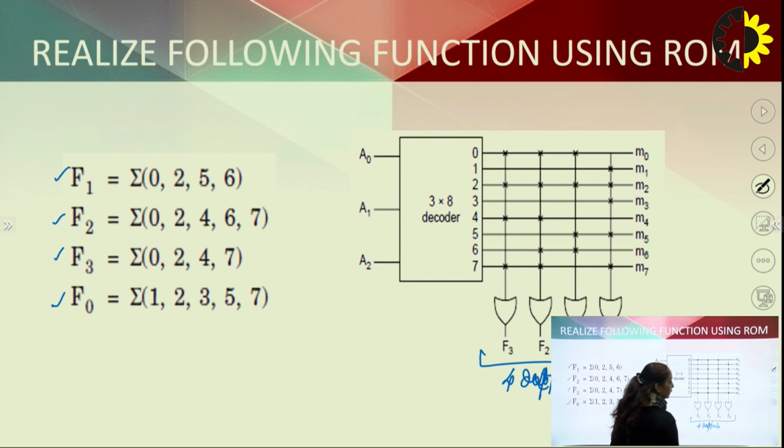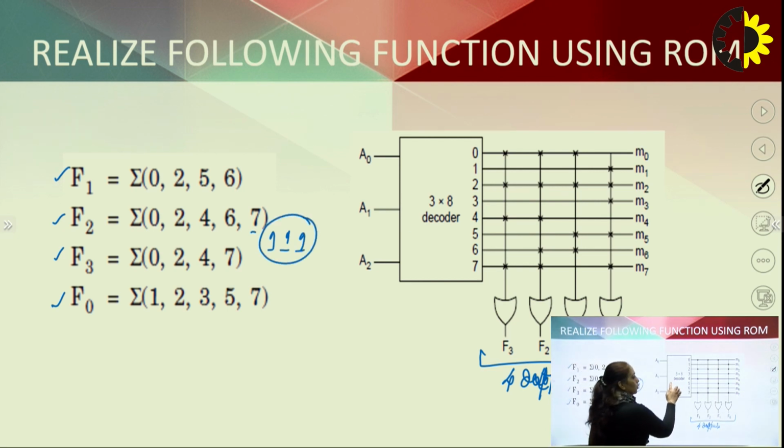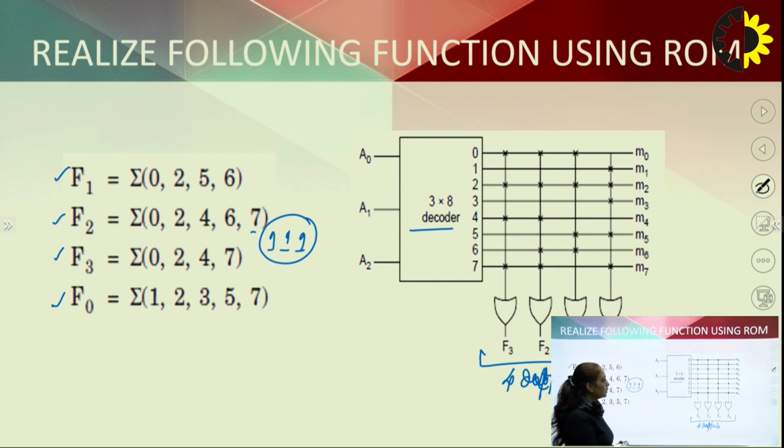Here we have the maximum number 7, so we need 7 as an output, and to represent this 7, that is 1 1 1, we need a minimum of 3 signals. So I am going to use a 3:8 decoder.